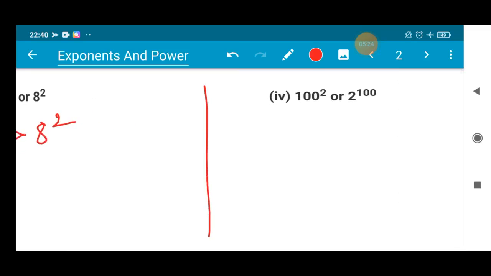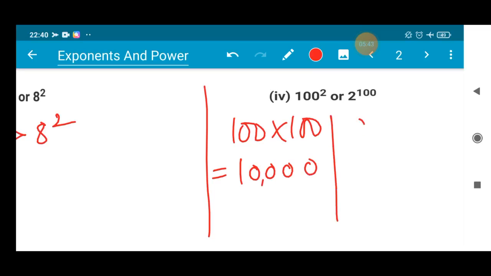All right, the second last one, 100 square or 2 to the power 100. So 100 into 100 is 10,000, right? And when you go for 2 to the power 100, it will be like crossing the boundary. You will not be able to solve it easily.